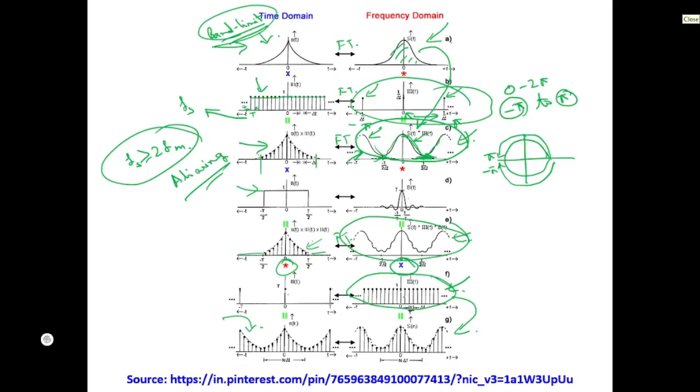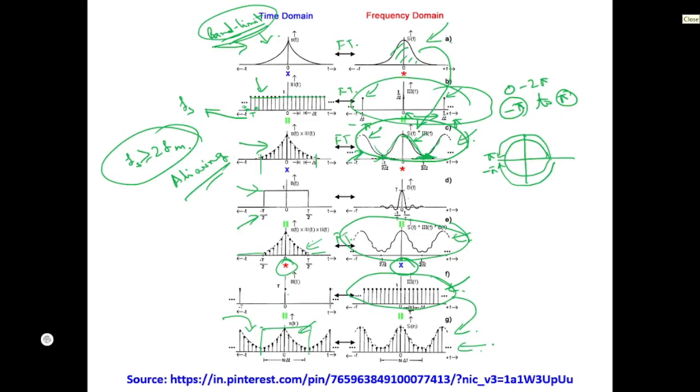But due to the sampling in the frequency domain, the signal in the time domain has become repetitive in nature, and hence there is a need for time limiting, so that we can extract the original signal from the time limited version. You're getting my point?